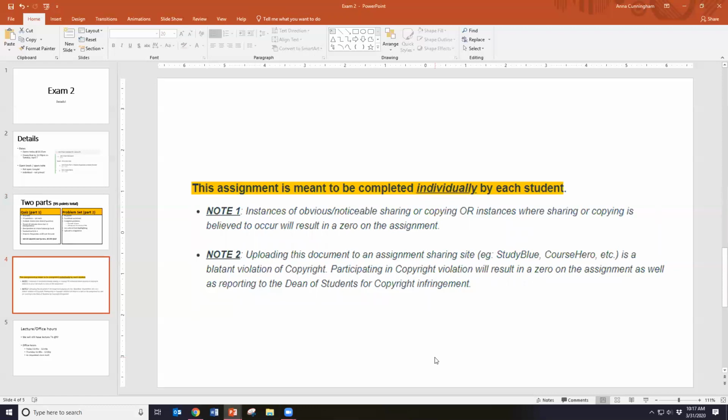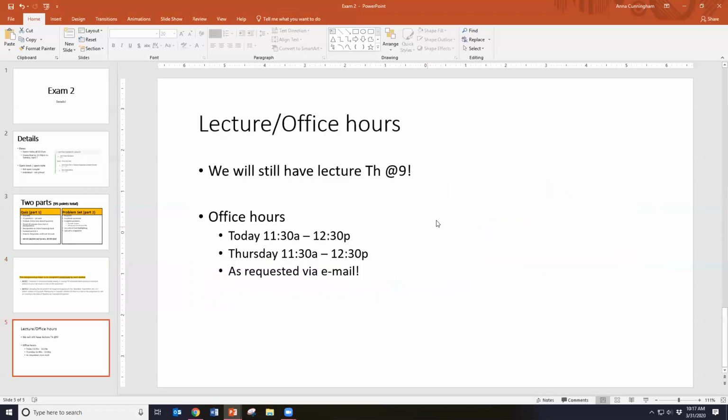I do want this to be an individual activity, so in instances of obvious, noticeable sharing or copyright, or instances where that's believed to occur, it's a 0. If I see anything, or if they report to me that anything's on Study Blue, Course Hero, all of those things, that is a copyright violation. So they notify me of that stuff. So don't make me worry about that.